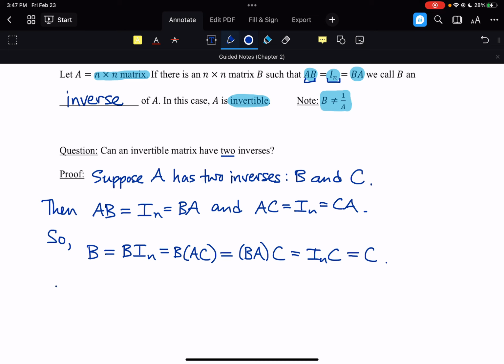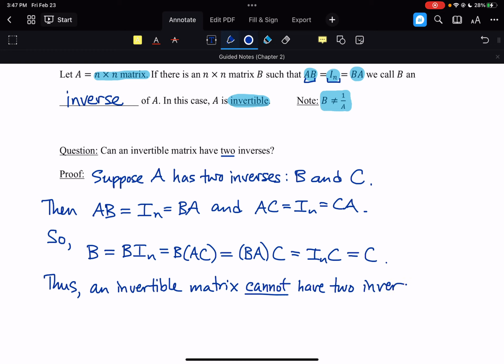Thus, an invertible matrix cannot have two inverses, so it must only have one.